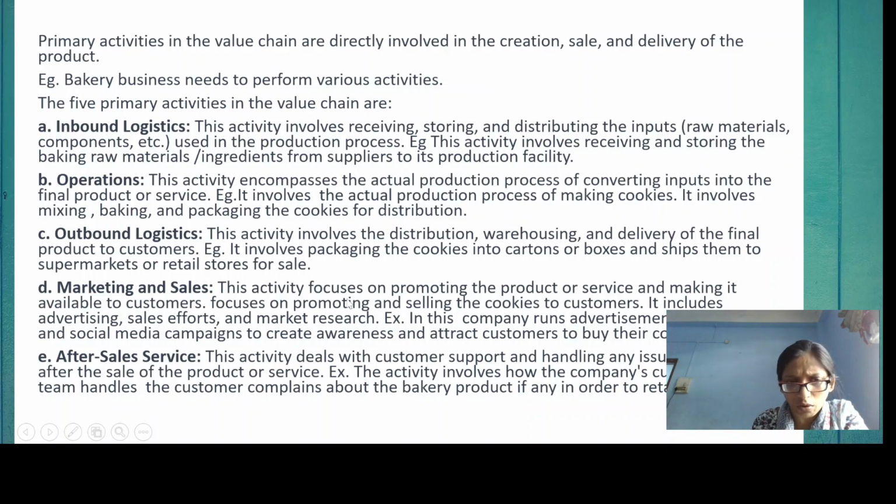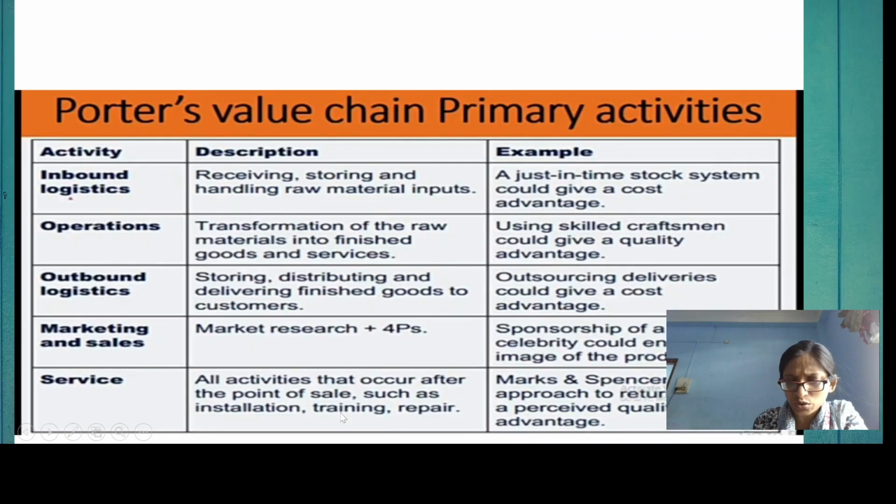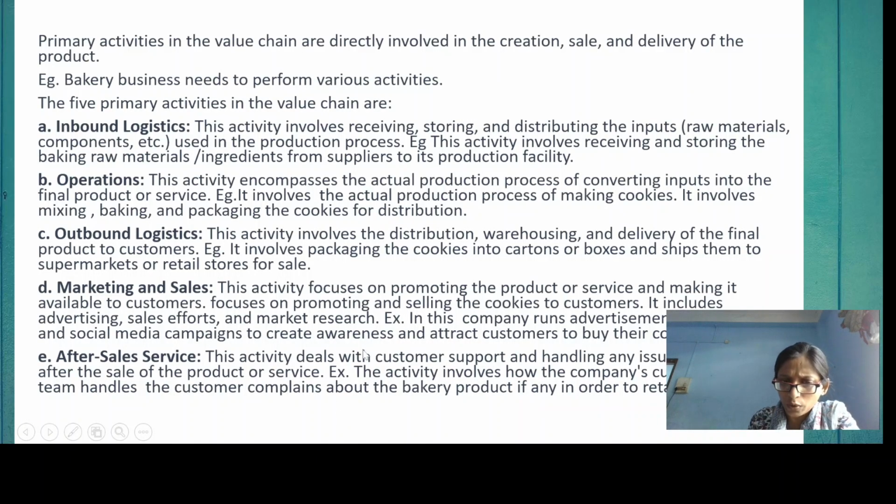Then next, your after sale service. Once you have done all those 4 aspects, now you have to retain your customer, and this is only possible when you can give the after sale service efficiently. You have to handle any issues or inquiries or complaints regarding your product or services.